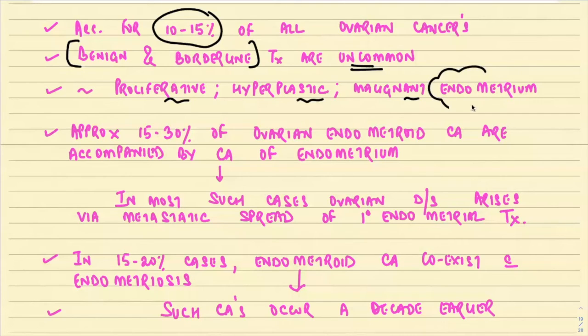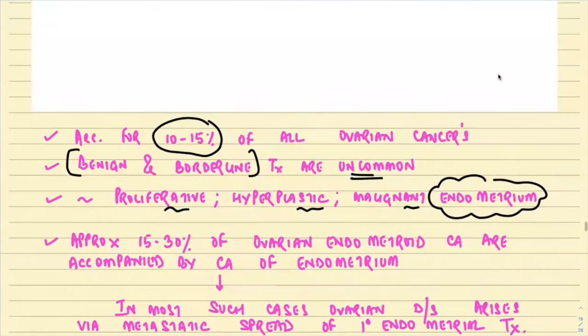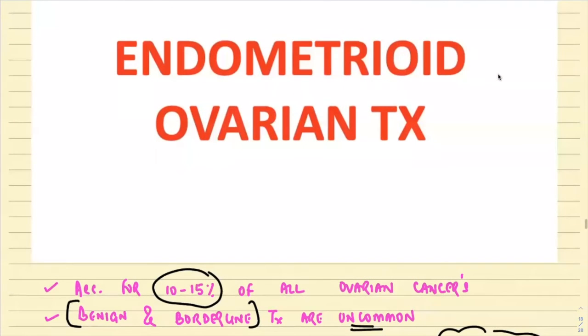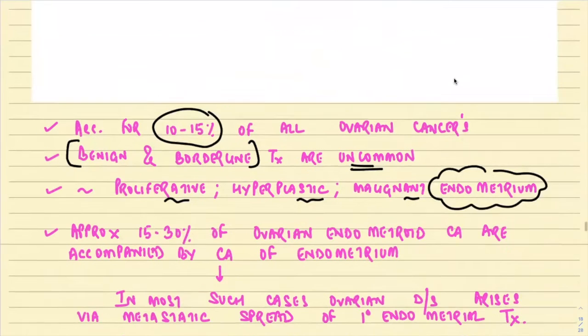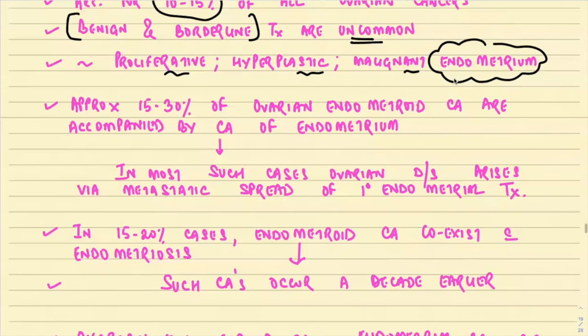So it draws its resemblance from endometrial carcinoma. Remember, this is not an endometrial ovarian tumor. It is endometrioid. The term means that it looks like endometrial, but it is not completely endometrial.